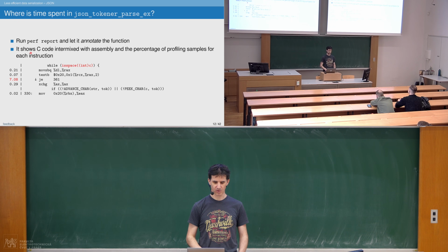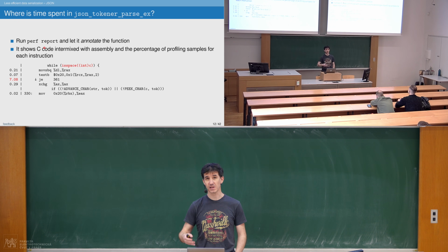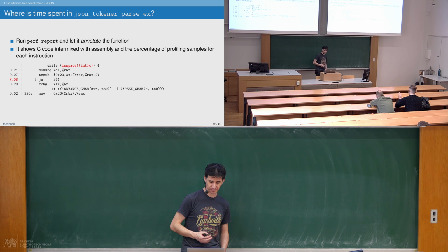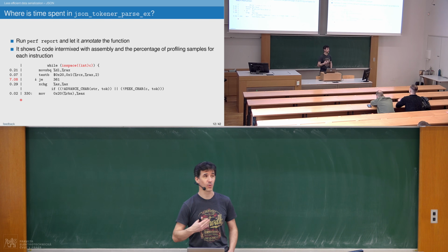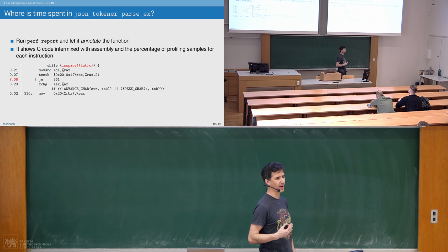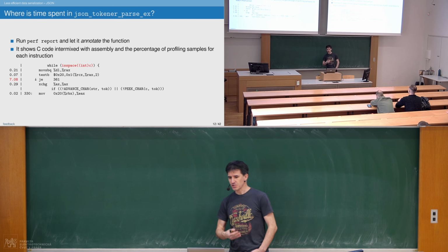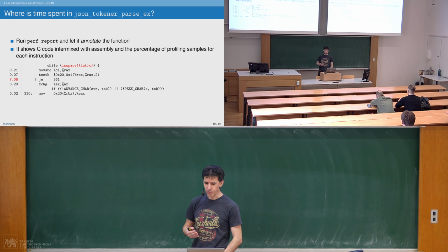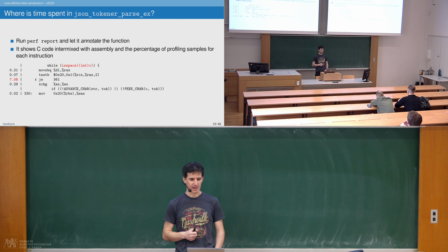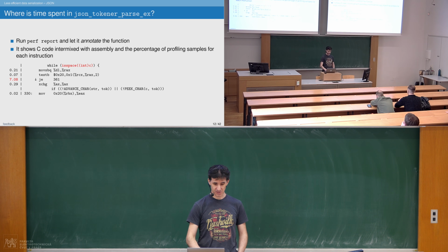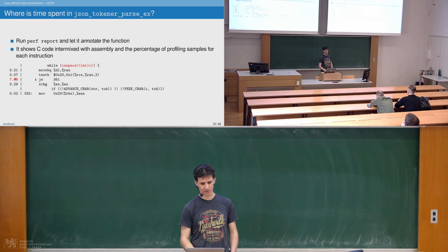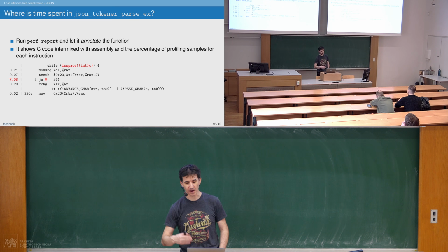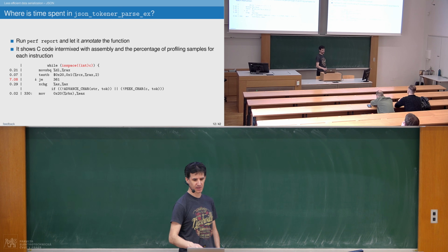Let's call perf report there to see the code of the function, and let's find where in that function most of the time is spent, or where the profiler detects the execution happens more often. And this is this line, this single instruction, where 7% of the time the profiler sampled the program.